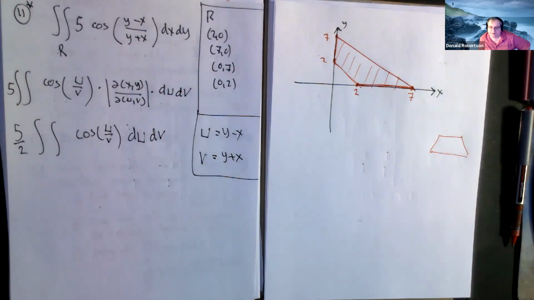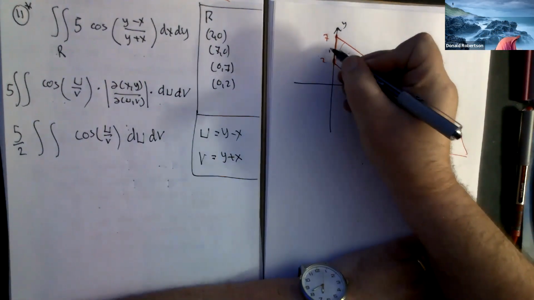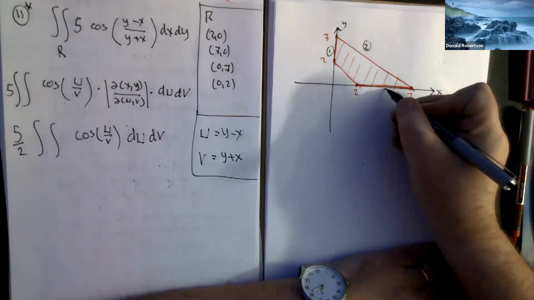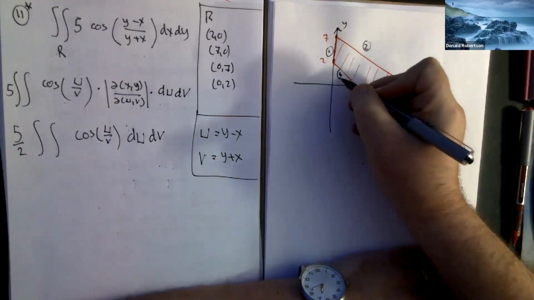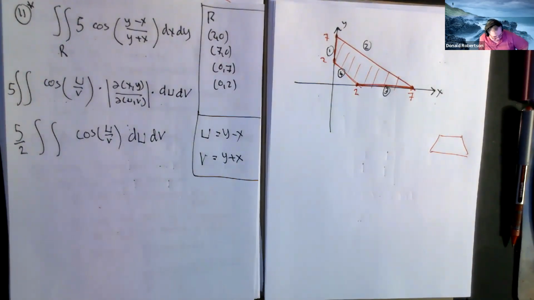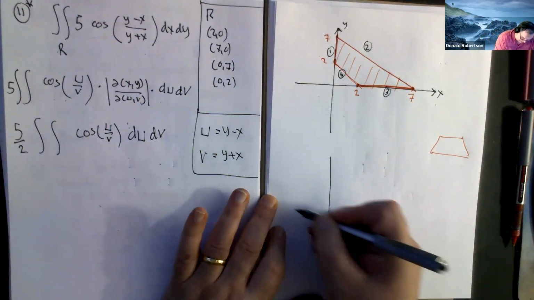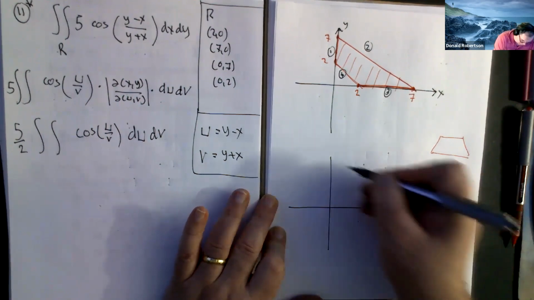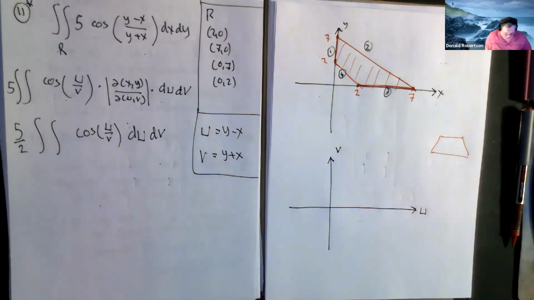Okay. Now, each one of those 4 lines, I'm going to call them line 1, line 2, line 3, and line 4, has to be changed into what it would look like in the UV space.